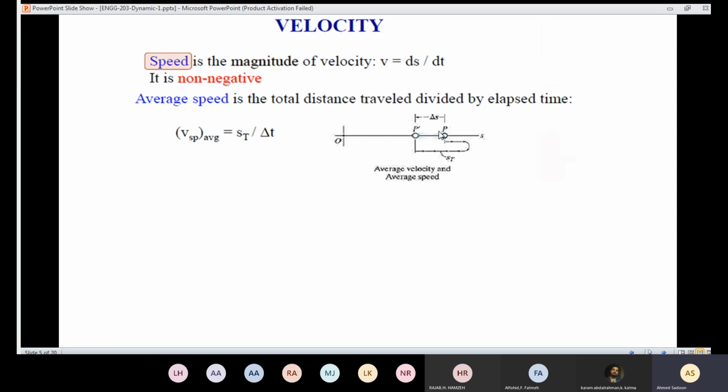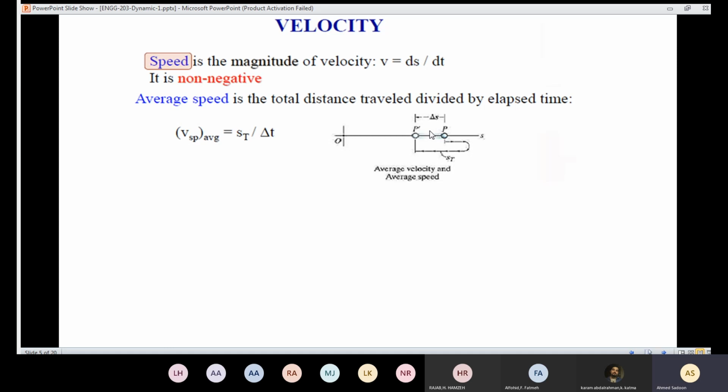So for that particle to move from here to here, the total time was that time plus that time plus that time. So here is the total distance traveled. That particle traveled that distance and then that distance and that distance. But if you are going to determine the displacement, the displacement is going to be only this value.